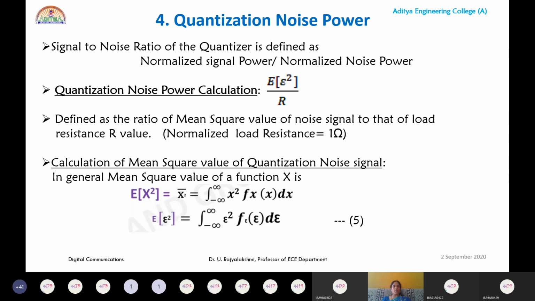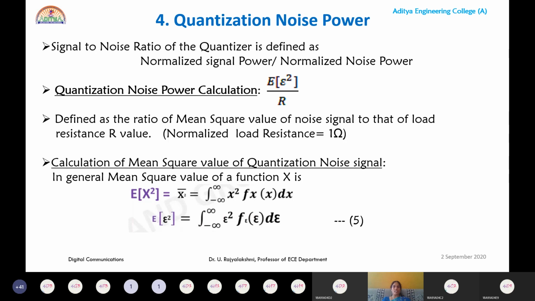Now, finally we got the mean square value of quantization error as expectation of E square, which equals the integral from minus infinity to plus infinity of E square into Fe of E dE.